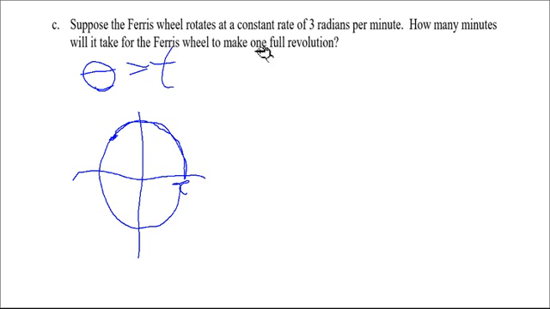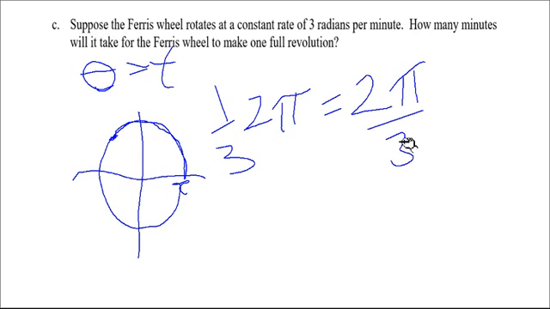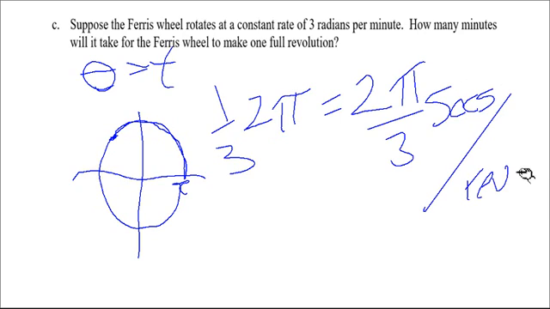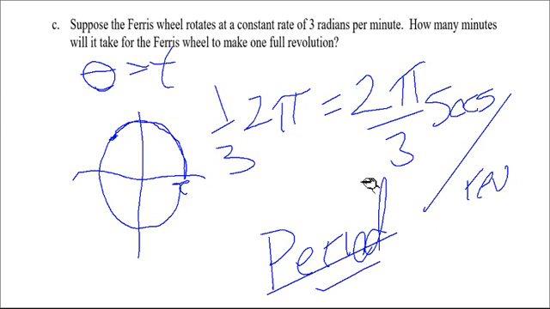So 1/3 of 2 pi seconds is equivalent to 2 pi over 3 seconds per revolution. And this would be our period for the function, 2 pi over 3 seconds.